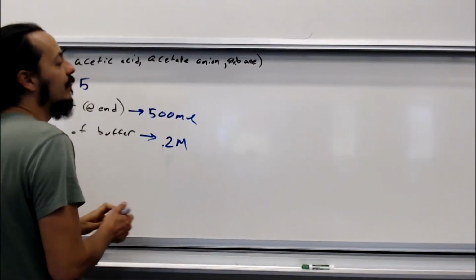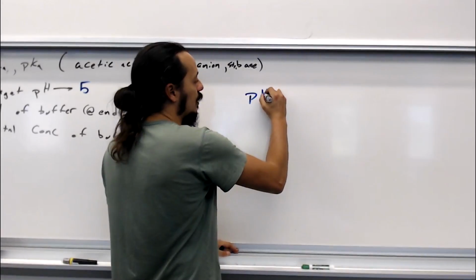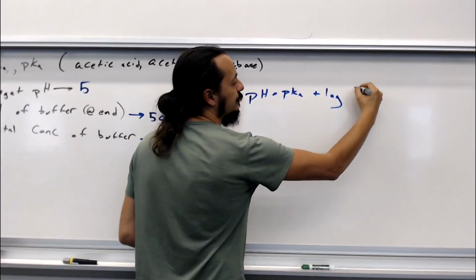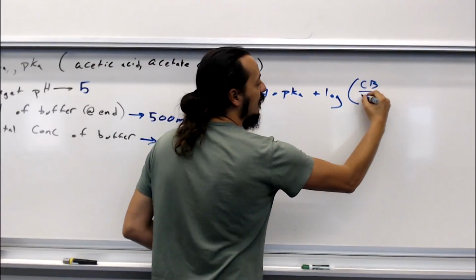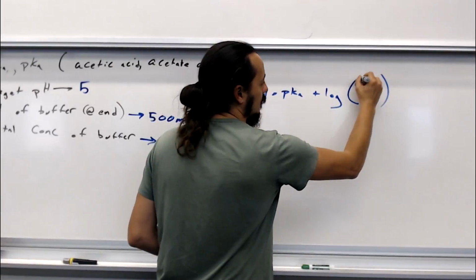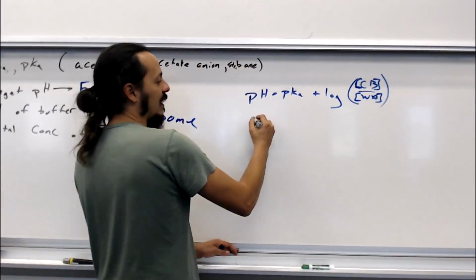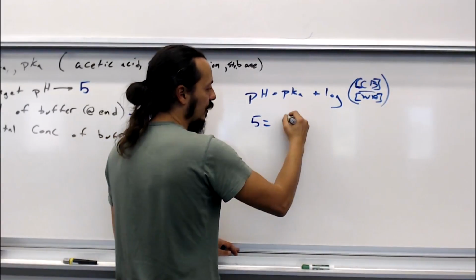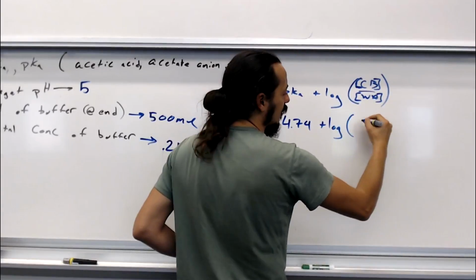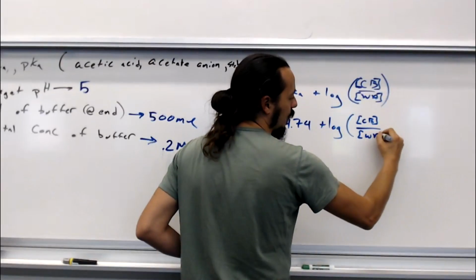So if we look at this, we can just do Henderson-Hasselbalch for this. We can do pH equals pKa plus log of conjugate base over weak acid, square brackets. So we can say 5 equals 4.74 plus log of conjugate base over weak acid.